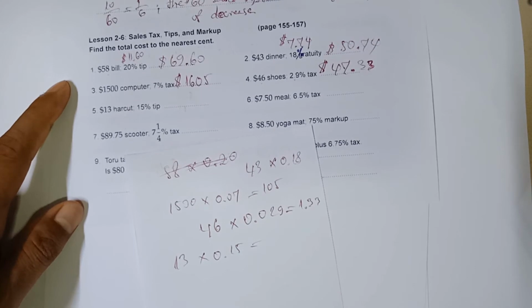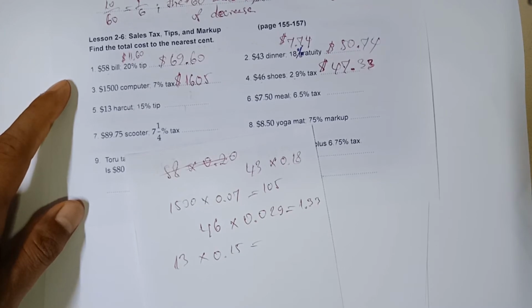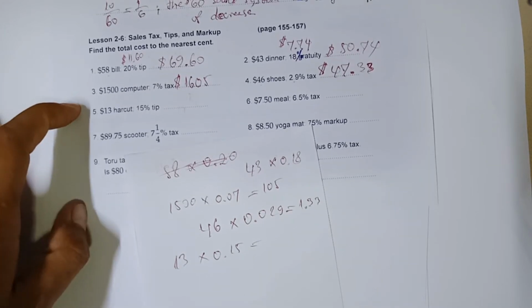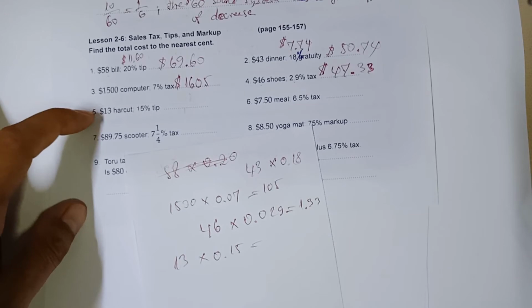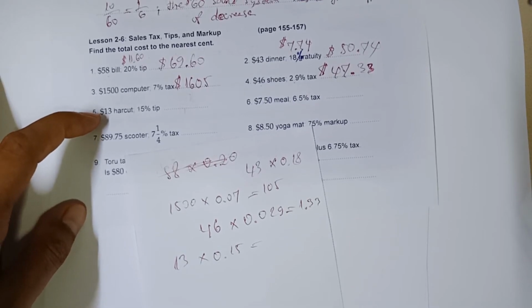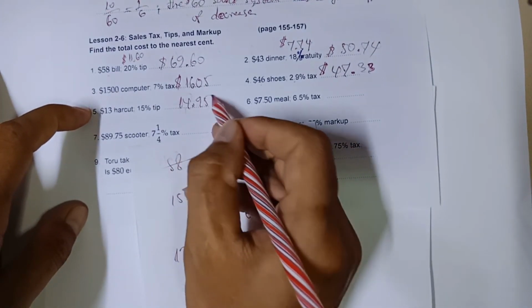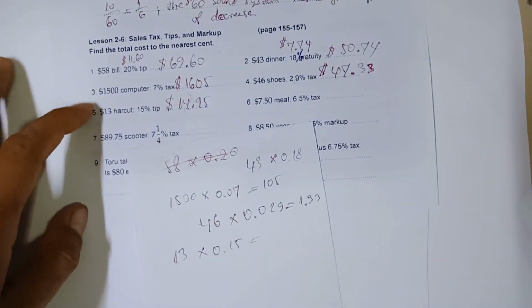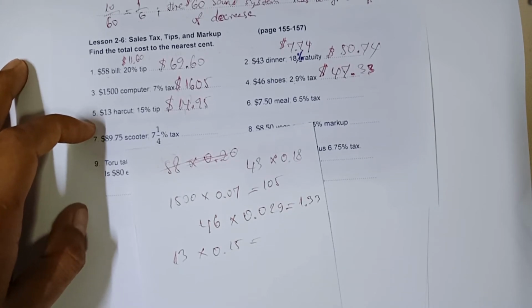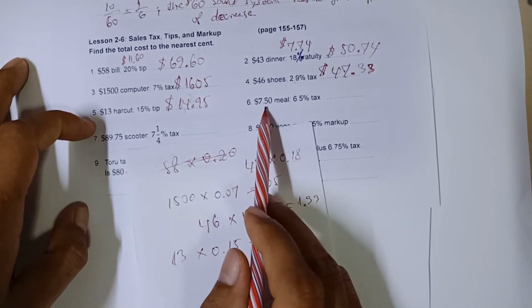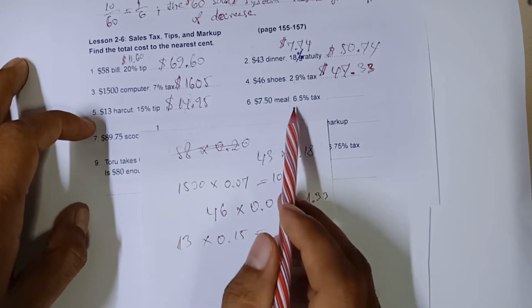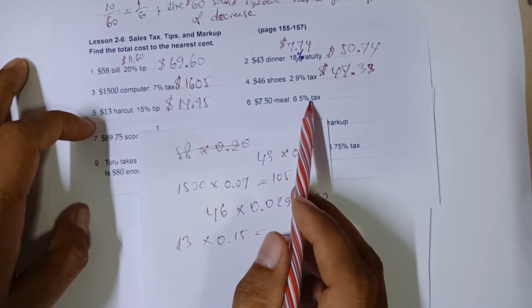That gives you 1.95. You plus it with the price of the haircut, 13, and you will have $14.95.